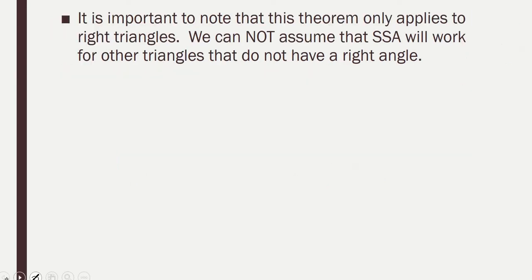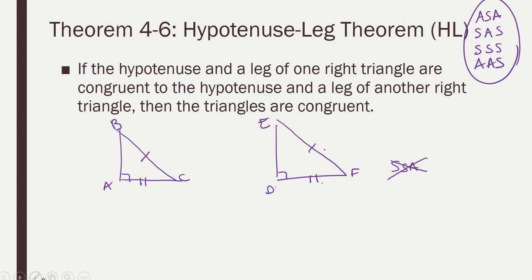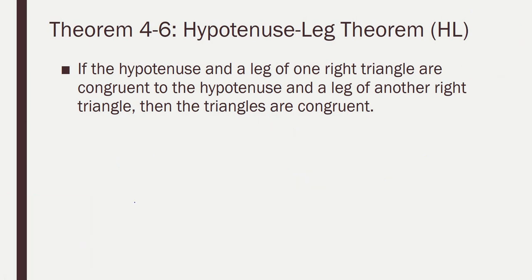Okay, let's go back and do a quick proof using hypotenuse leg. Let me go ahead and erase the ink here. Let's say that we have this drawing, and we have a right angle here, and a right angle here, and then we have a line passing through here.